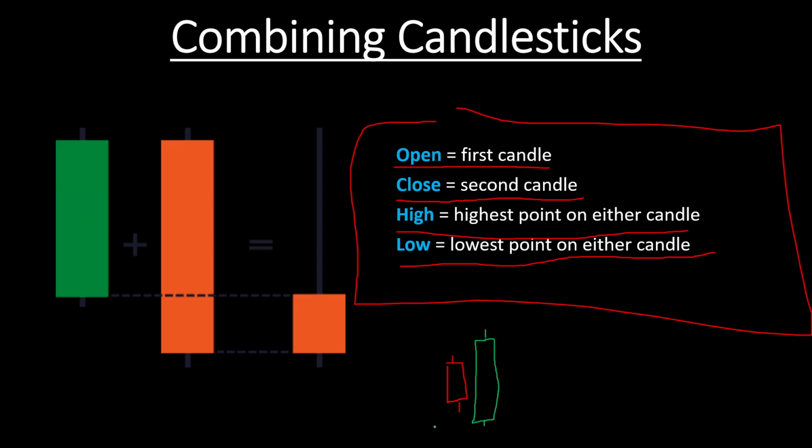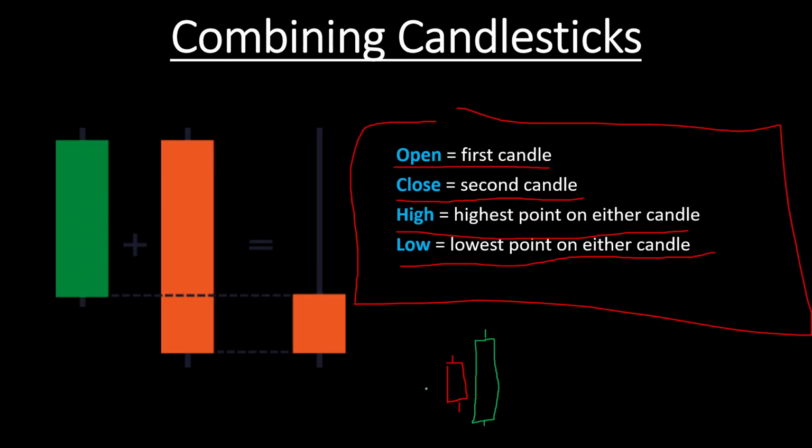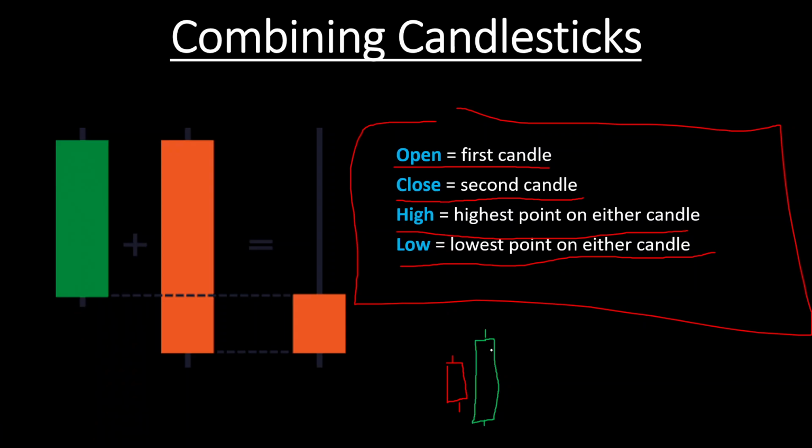Some people would only count this as a bullish engulfing. What's the difference between this one and this one? Basically, some people want to see that the entire range of this candle is within the body of the next candle.